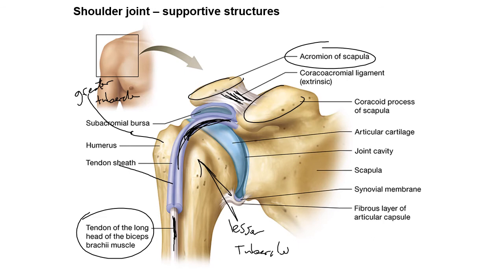And so there's that groove, that sulcus right there, where the tendon sheath goes up and over. And then between the acromion up here and this tendon here, you have a bursa right here.